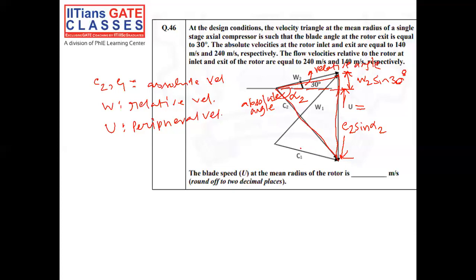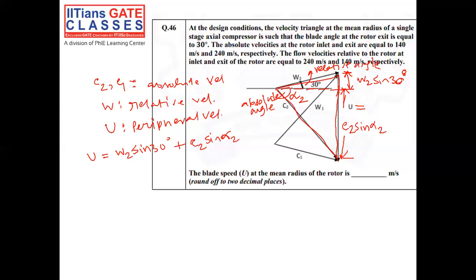Hence u will be equal to W2 sine 30 degree plus C2 sine alpha 2.